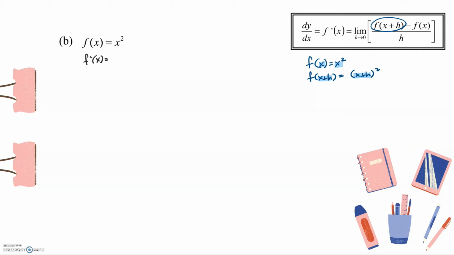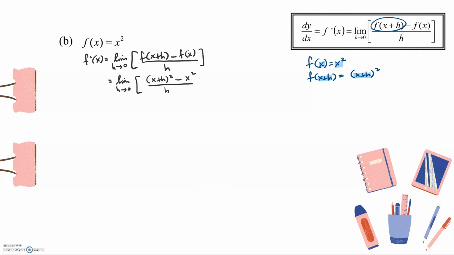f'(x) is equal to the limit of [f(x+h) - f(x)] divided by h as h tends to 0. So we have here the limit as h tends to 0 of (x+h)² minus f(x), which is x², so here will be x², divided by h.